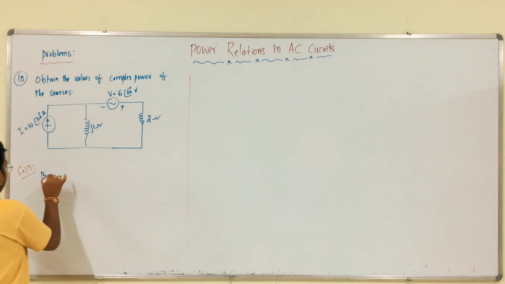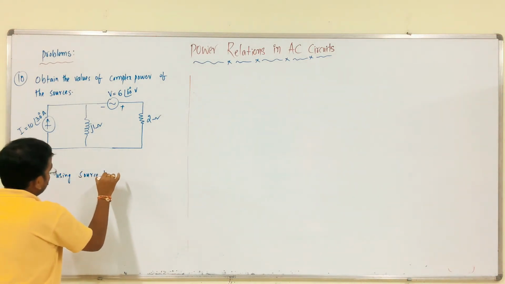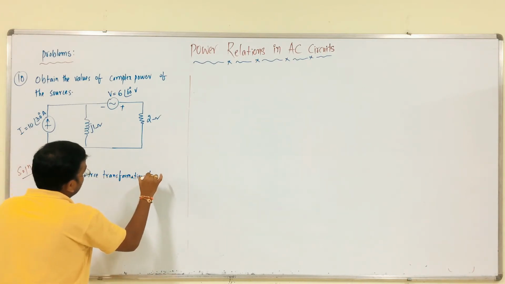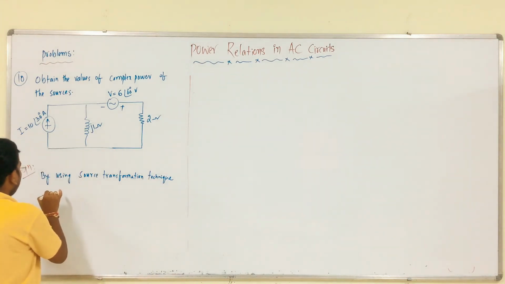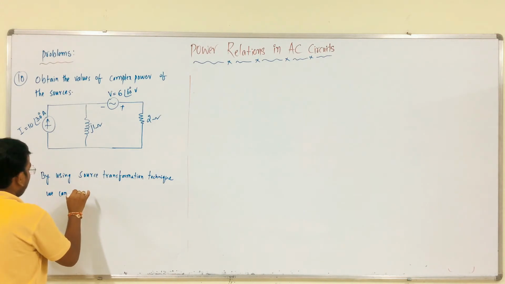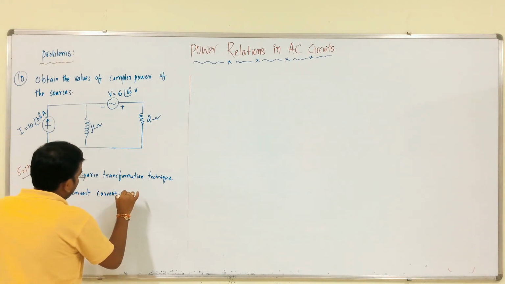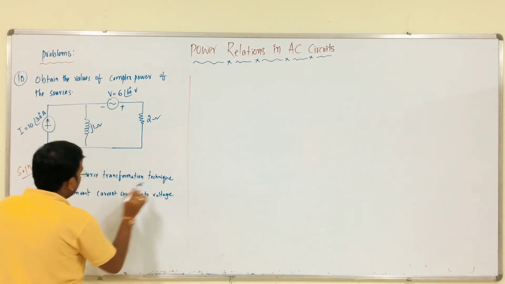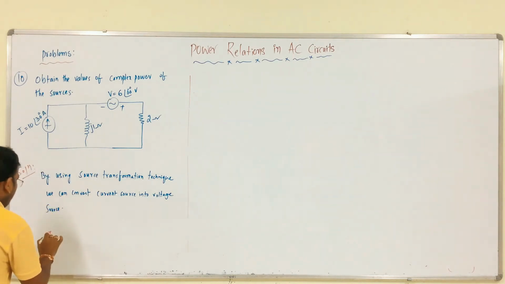So, by using the source transformation technique, we can convert the current source into a voltage source. Then the circuit becomes what? This is a voltage source.